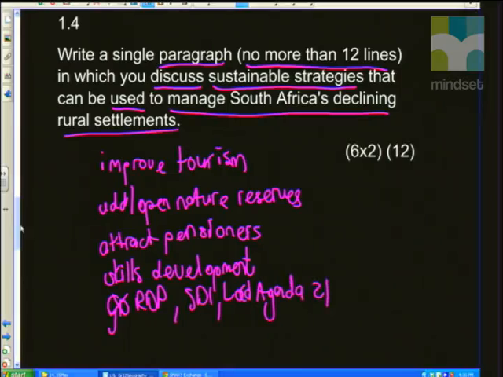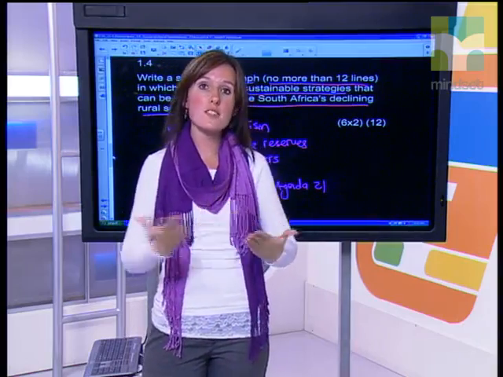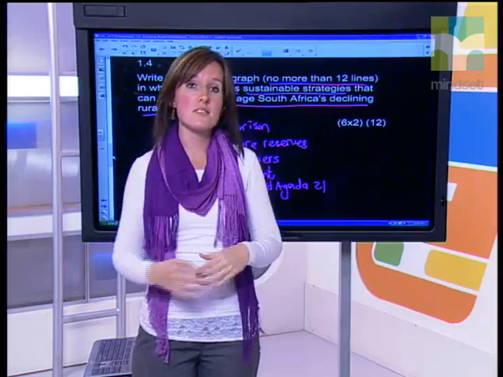There are quite a few other things which you can also incorporate, and as long as they make sense and are logical, your markers are likely to give you the full allocation of marks. Remember, when you're writing your answers in a paragraph, you need to make sure that you don't write in point form, and that you write in full sentences so that they won't deduct any marks.